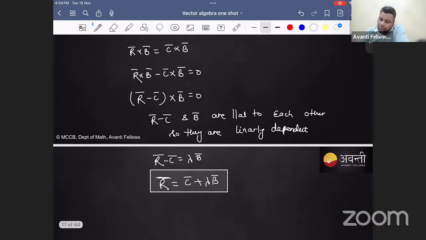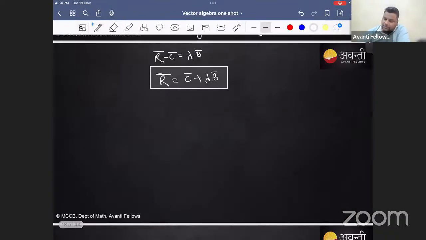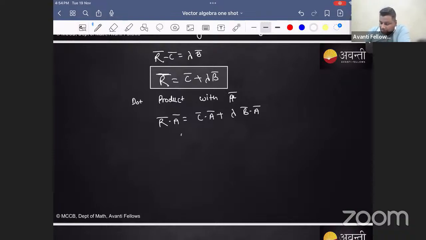Now they have also provided you R dot A as 0. So take dot product with vector A. So R dot A is C dot A plus lambda times B dot A. So your lambda is what? R dot A is 0, so it is minus C dot A upon B dot A, correct?